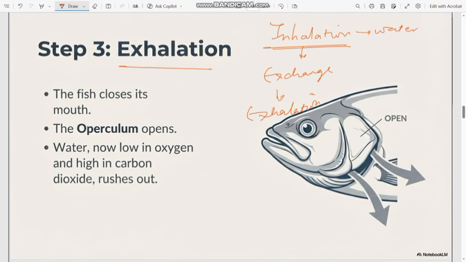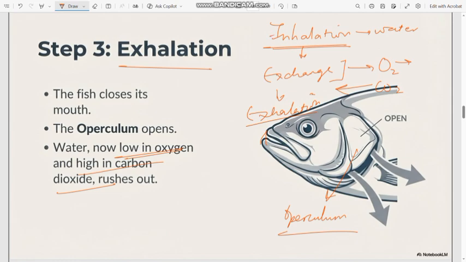Gaseous exchange is whereby the operculum is closed, and once it is closed, O2 is absorbed, O2 goes in, and CO2 comes out. And exhalation, now the mouth is closed, and the operculum is opened. And so the water, now low in oxygen and high in carbon dioxide, washes out.